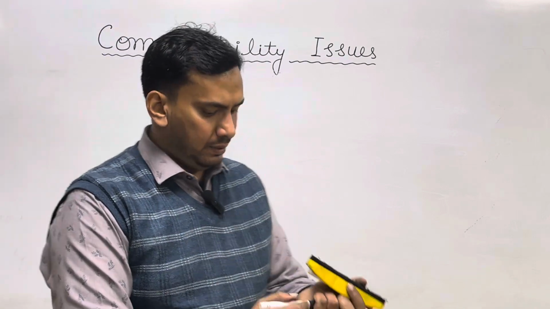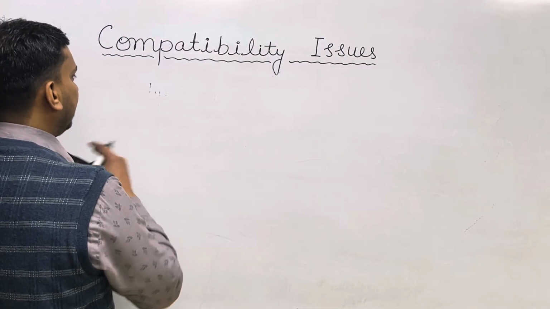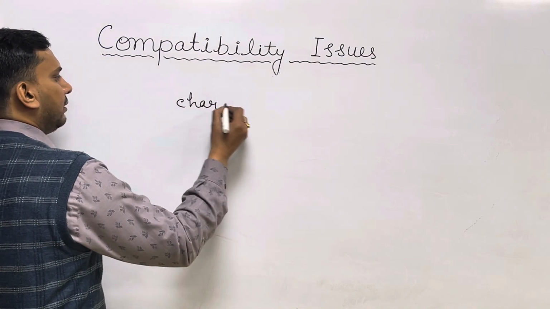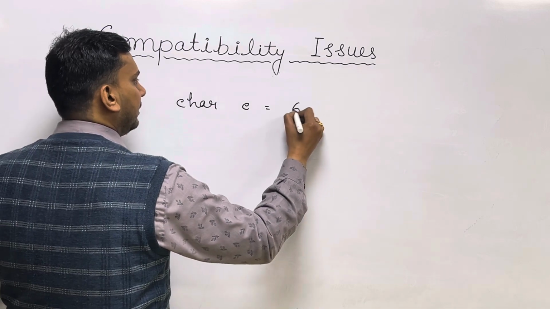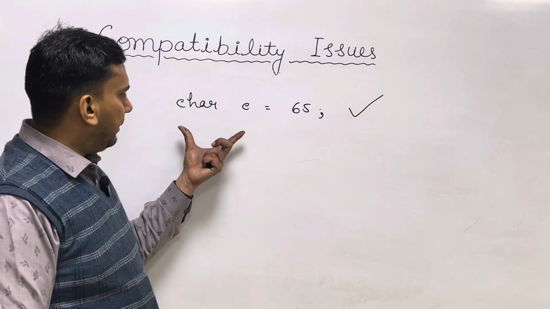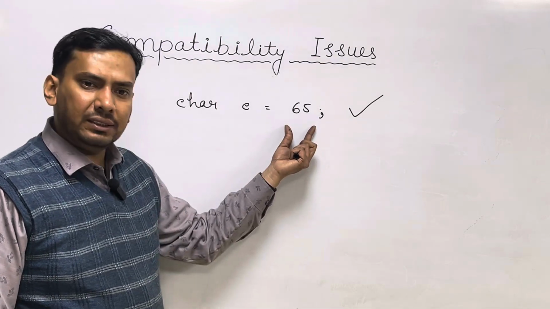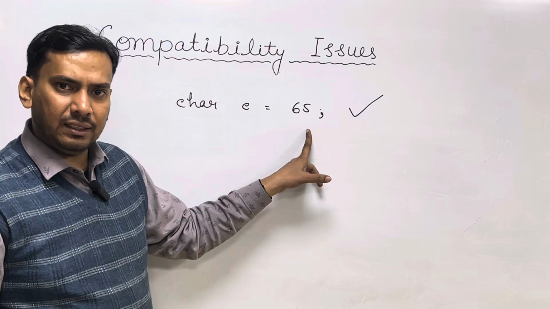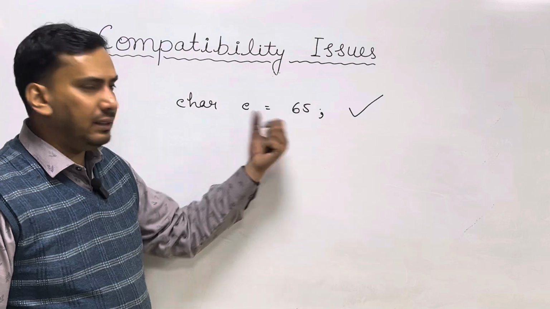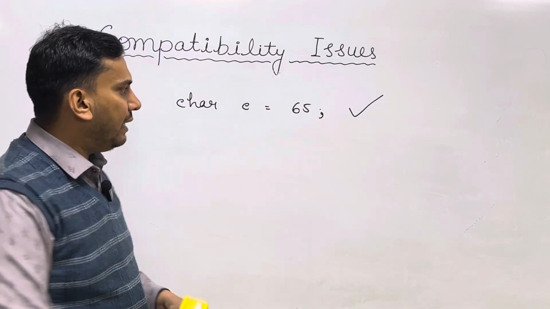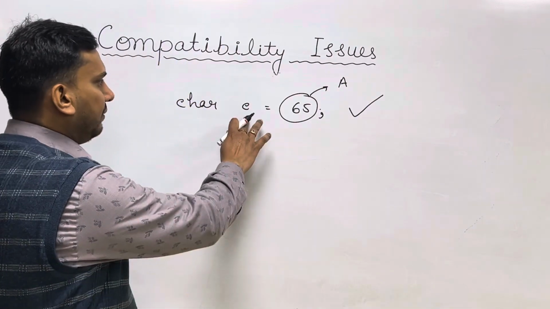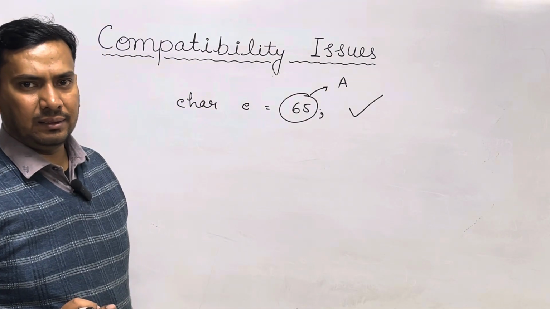It means if I write something like this, char c is equal to 65, this is acceptable. I am creating a char type variable, but I am assigning 65. 65 is an integer literal, so it can be assigned here because char allows an integer value to be assigned. So it will represent the ASCII value corresponding to 65, that is capital A. So char c will be assigned capital A here, right?